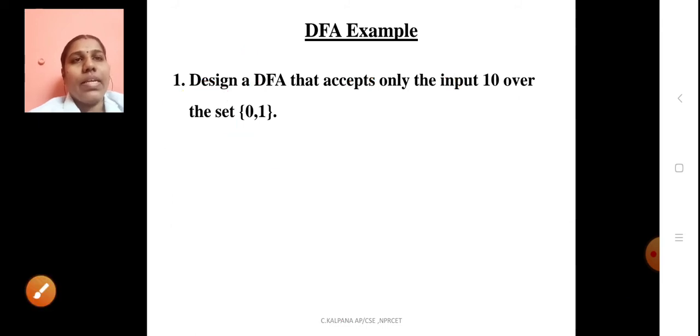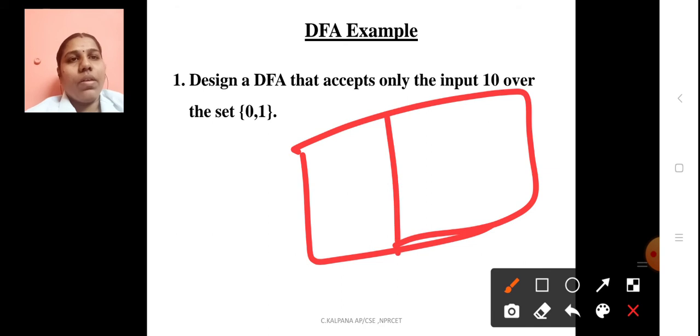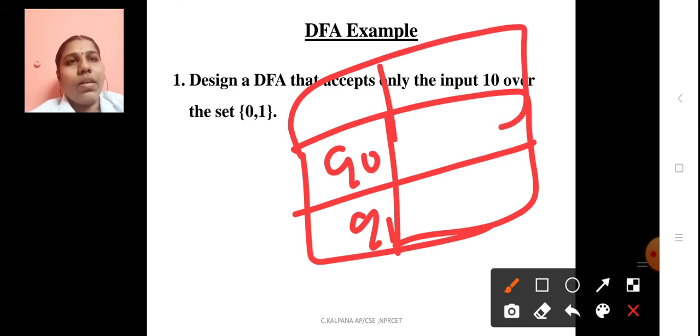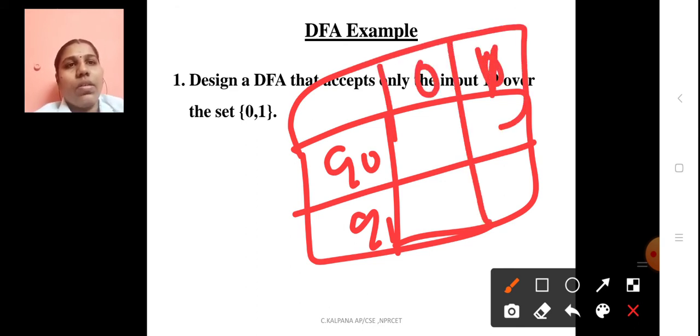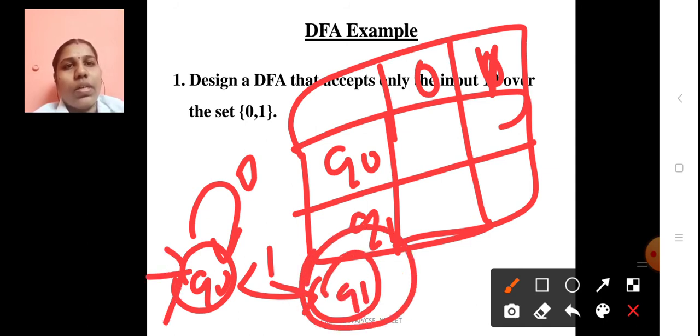Okay, this is the transition diagram and transition table. Transition table I already explained. It can be represented in the form of a tabular column. Here the rows can be represented by states and inputs can be represented in columns. Here Q0, 0, 1, Q1, start state.